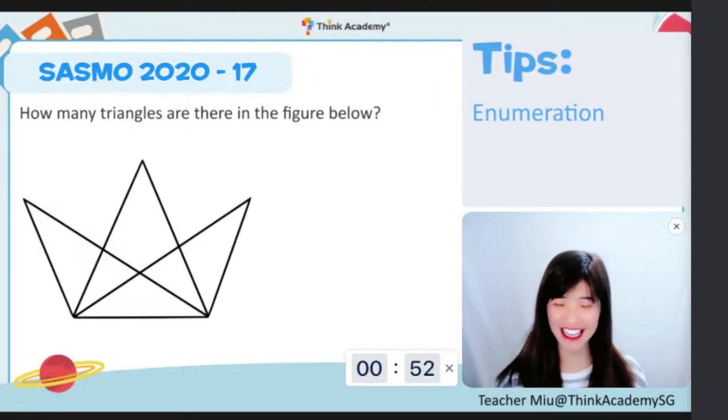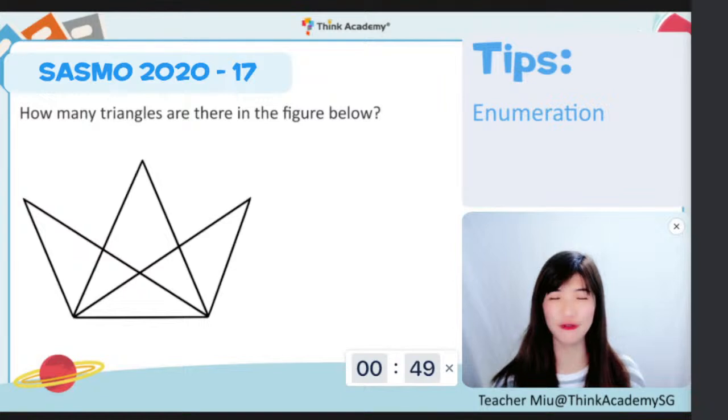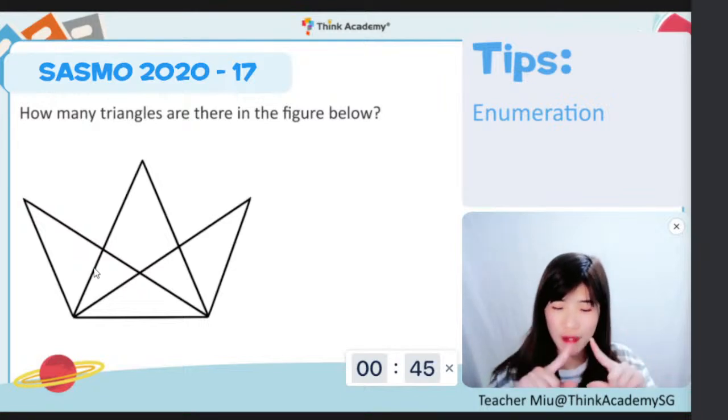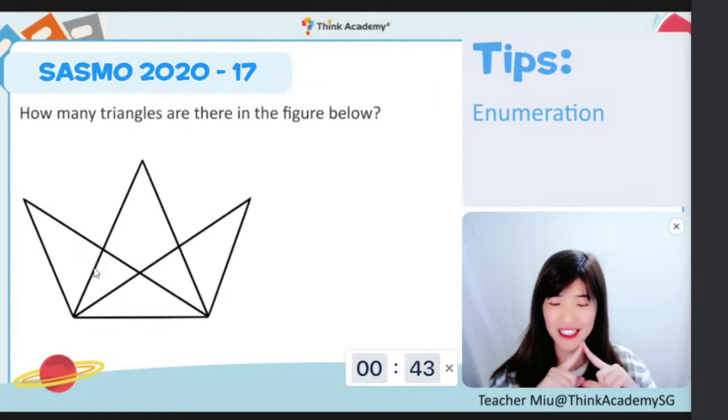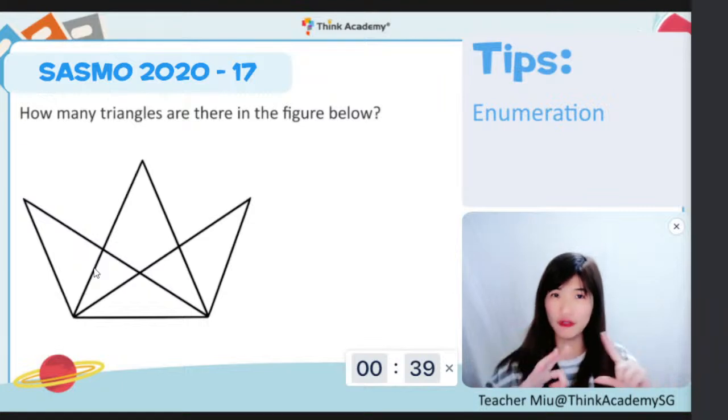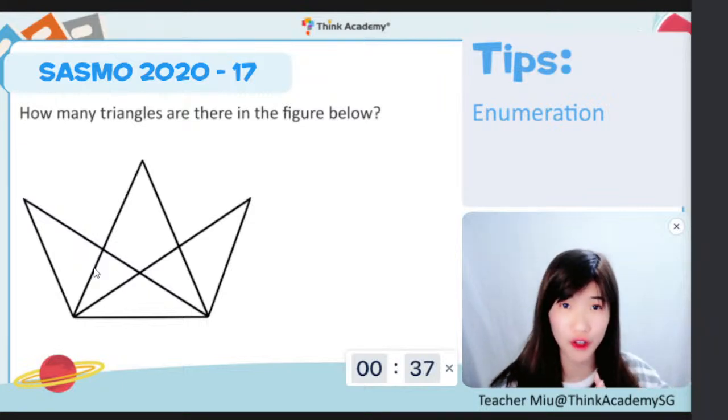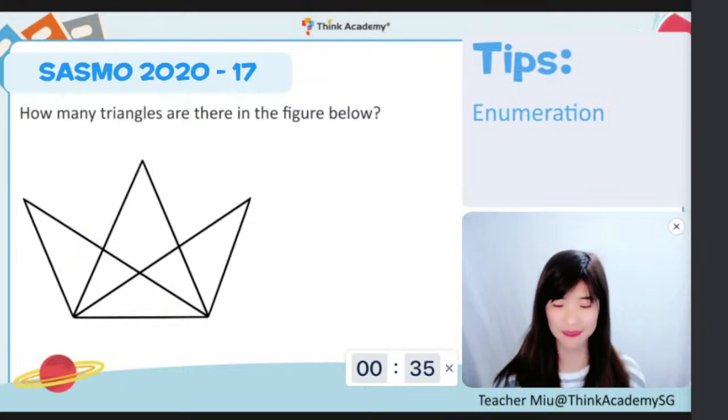So let's try again, dear. We can count one smaller part of the triangle, then combine two smaller parts of the triangle to get more. Oh, I got one correct answer already. Good. And then we can combine three of those and then combine four of those. Do not miss any. So far, I only got one correct answer.